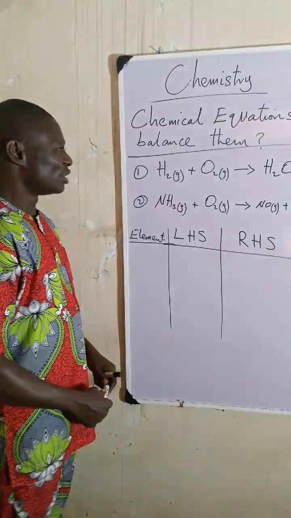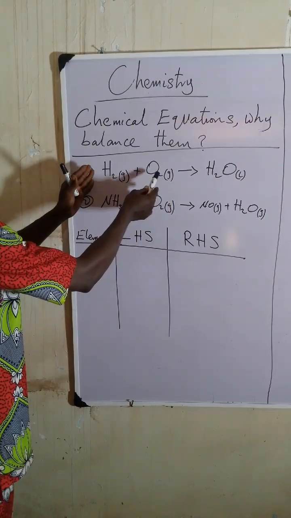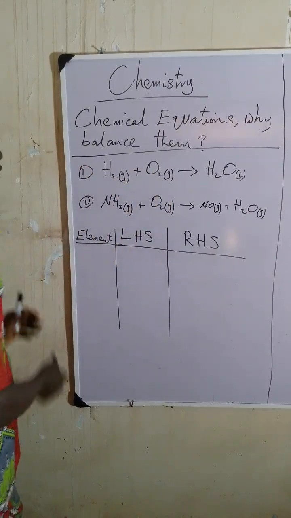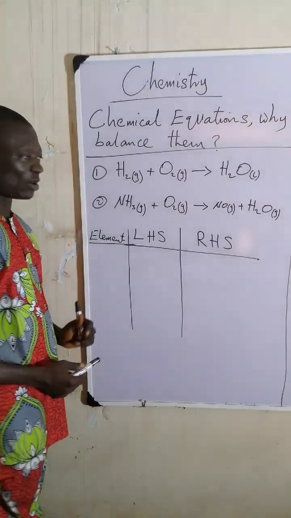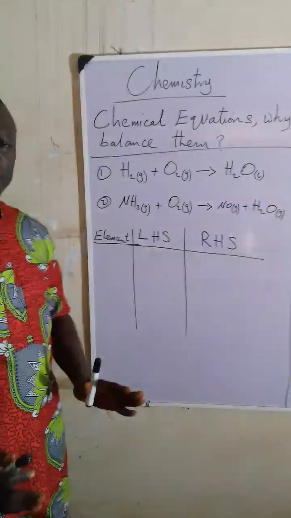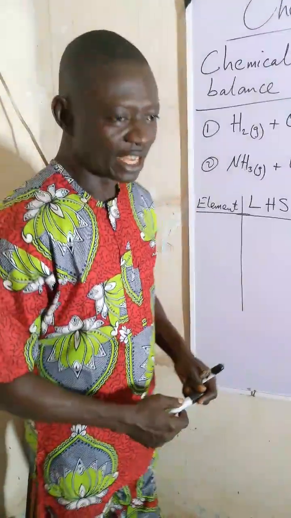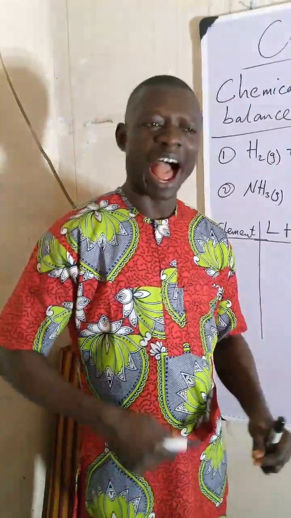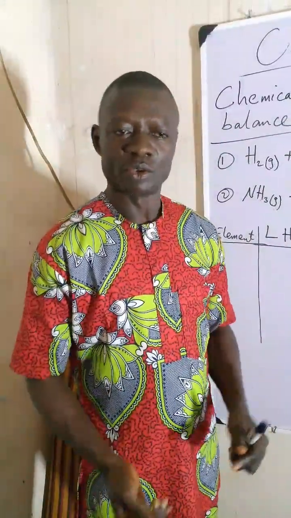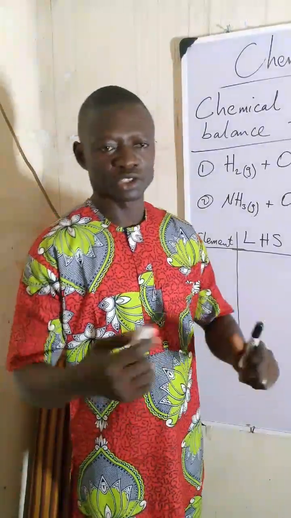So the law of conservation of matter says the number of each element you see before the reaction will be the same number of that element you see after the reaction. No creation, no destruction. No new one will be formed, no additional one, no addition and no subtraction.